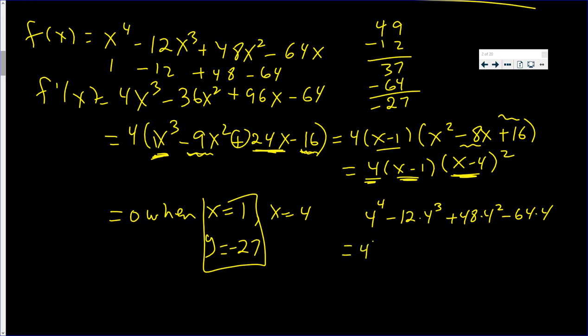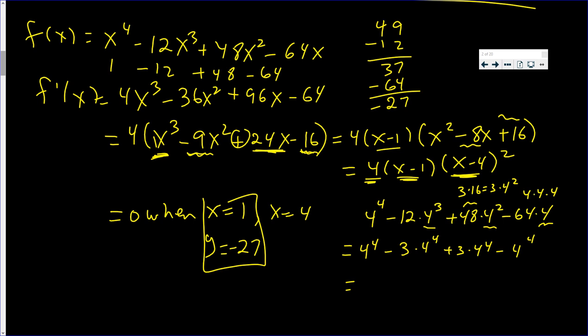So this is 4 to the 4th. 12 is 3 times 4, times 4 cubed is 4 to the 4th. 48 is 3 times 16, which is 3 times 4 squared, times another 4 squared, that's plus 3 times 4 to the 4th, and 64 is 4 times 4 times 4 times another 4, which is 4 to the 4th.